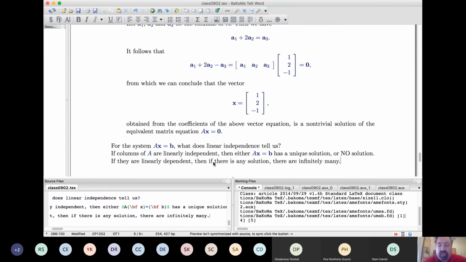So in other words, when the columns are linearly dependent, the unique solution is taken off the table. There still might be no solution, but there's also a possibility of infinitely many solutions. And the reason why is because you actually have non-trivial solutions of AX equals 0.